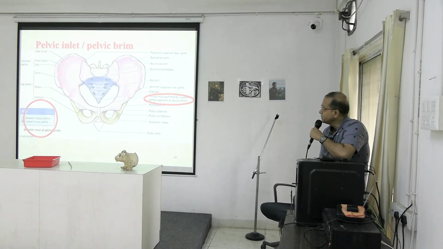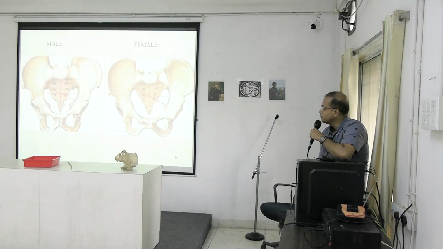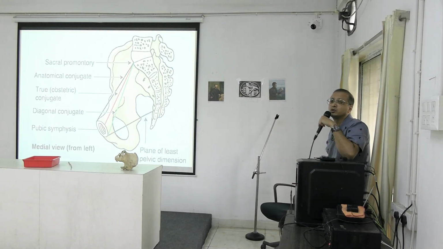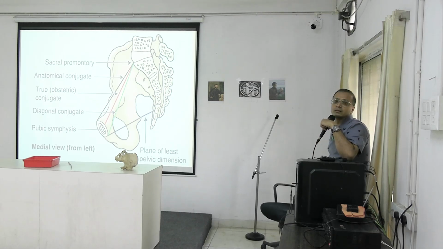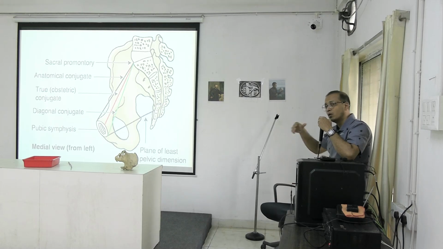And then measuring the diameters of the pelvic inlet, specifically the anterior-posterior diameters. What do you mean by the 3 conjugates: anatomical, diagonal and obstetric? And what are the landmarks, how are they measured? Okay. So this is all about the anatomy of the articulated pelvis and related things, which we have to learn before going beyond to the classes that are going to follow. So this is all.